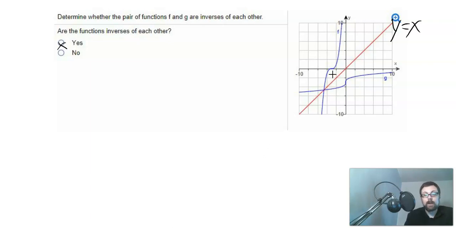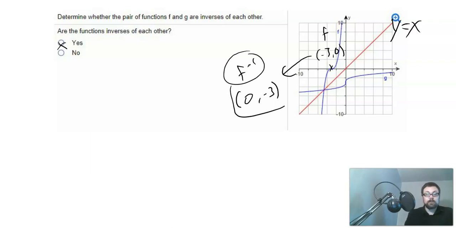Another way you could check is by looking at points. This one looks like it's at -3, 0. So another way to check is, this is F. For G, the inverse, it should have the same points but flipped around. The y coordinate should become the x coordinate, and the x coordinate should become the y coordinate.